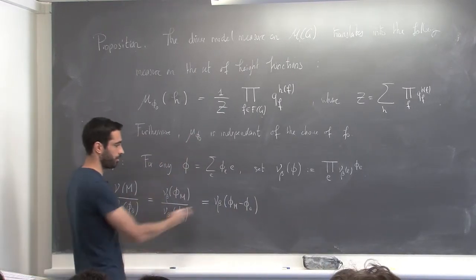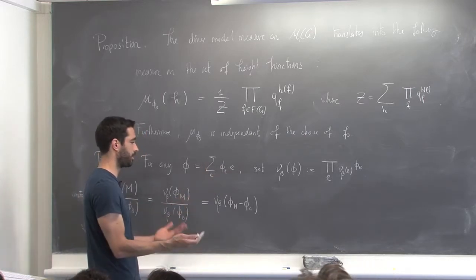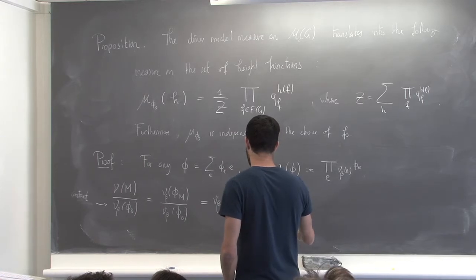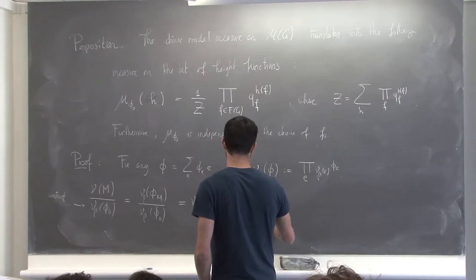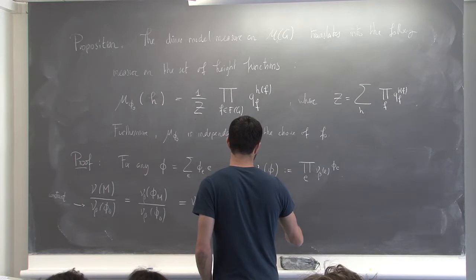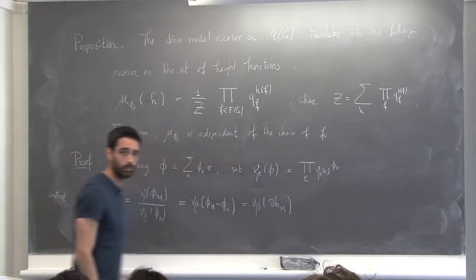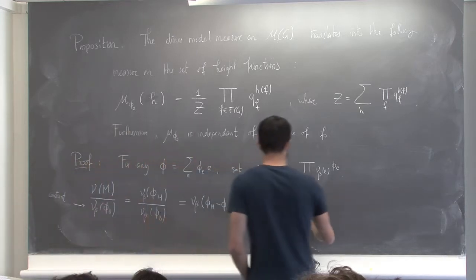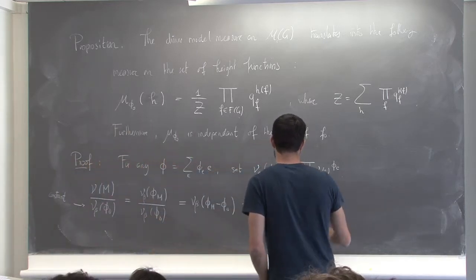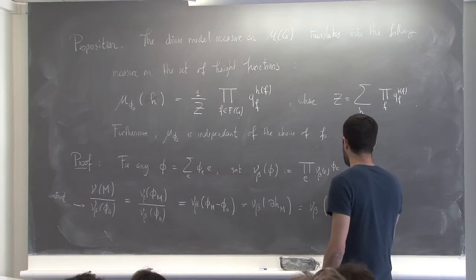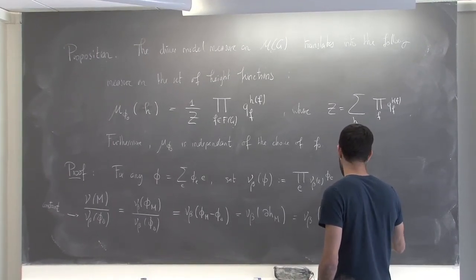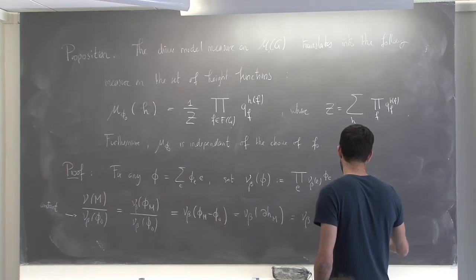Again, it's really just the fact that I extended this nu beta in a multiplicative way. But phi m minus phi 0 is the boundary of hm, right? Boundary of hm is of the form sum over e, hm of e times e.